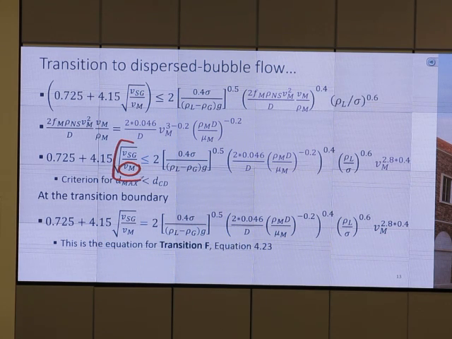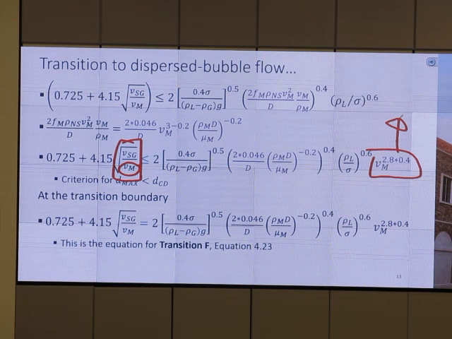This term goes down, this term goes up, and the rest doesn't depend upon VSL. So increasing VSL, enough superficial liquid velocity, will make the left hand side smaller than the right hand side. Good?